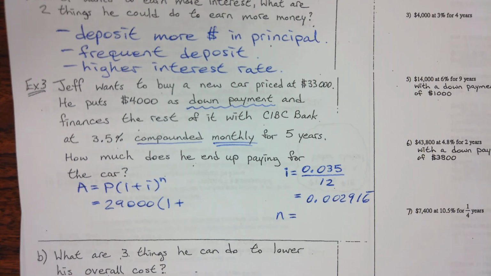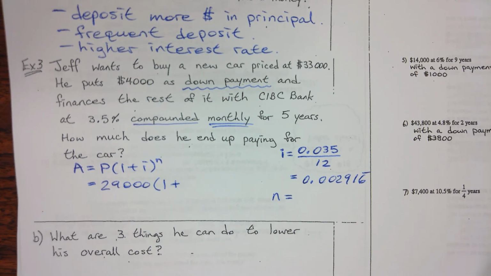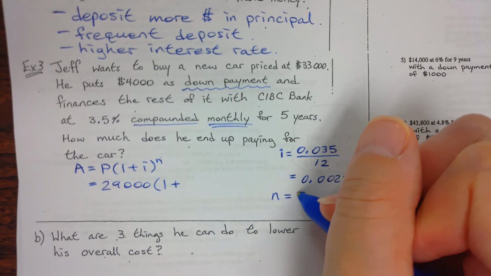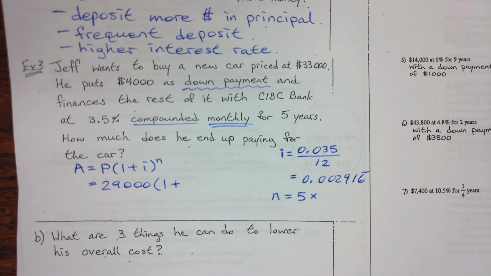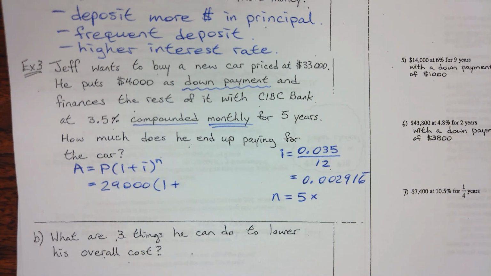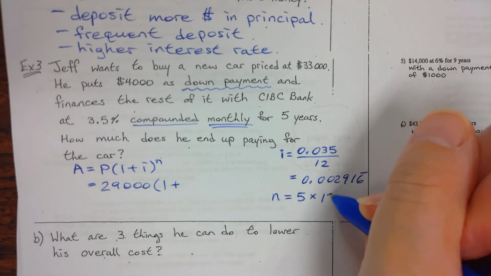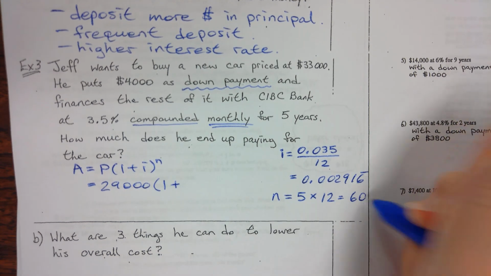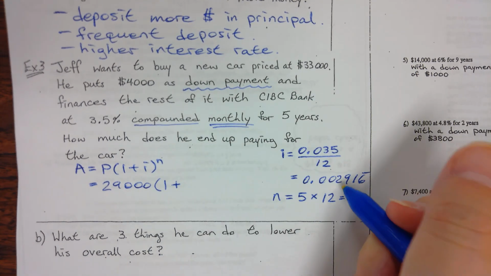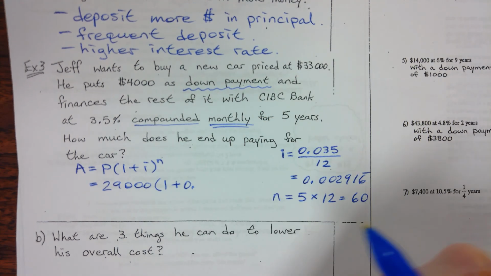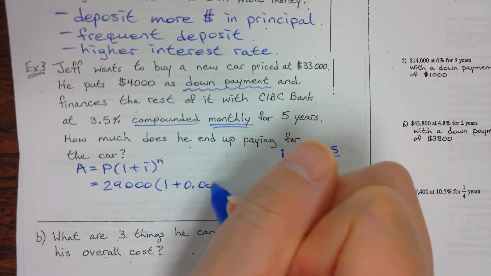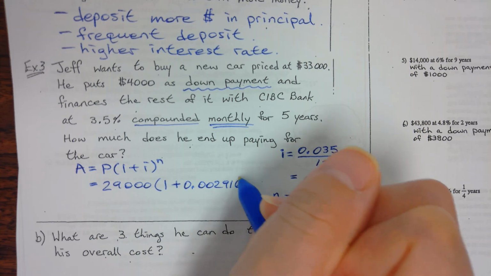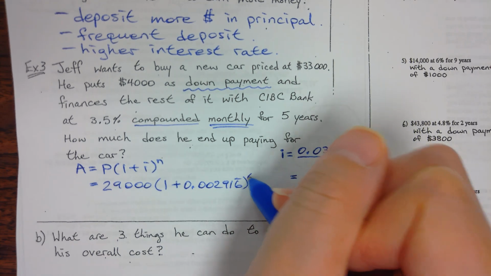How long? 5 years. Okay. And I have to times 12. So that's 60 payments in total. Okay, so put in those numbers, 0.002916 and to the exponent 60.